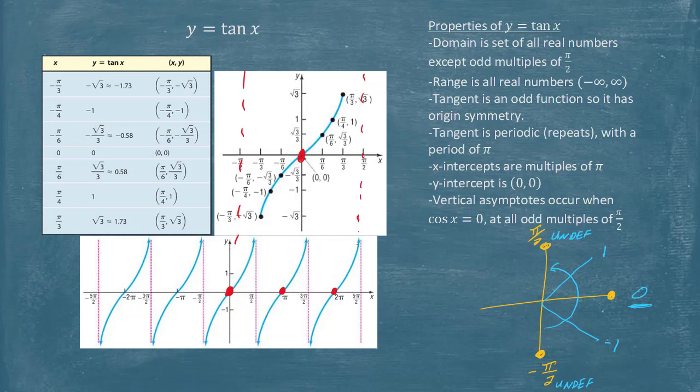In comparison to sine and cosine, which take all the way around the unit circle to repeat, notice here it only takes half, because if I go to the next rotation, I go through the same order. I'd go undefined to -1 to 0 to +1 to undefined again, and then repeat.